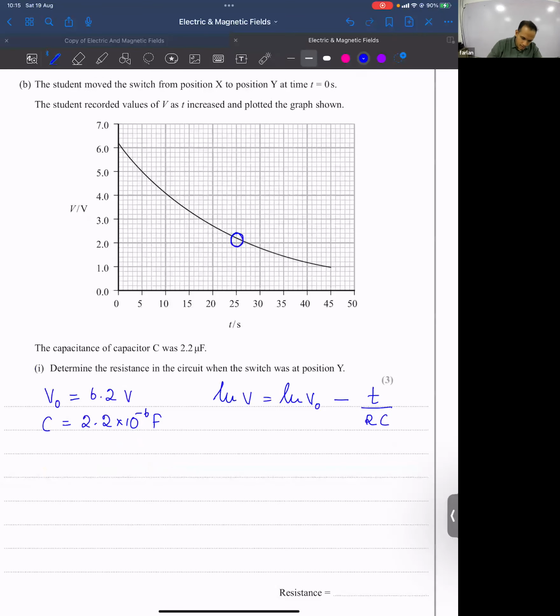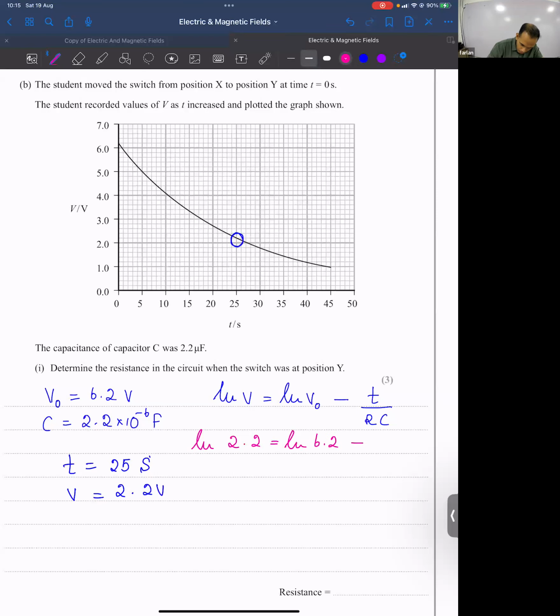So when T is 25 seconds, V is 2.2 volts. Put that data into this equation, we are going to get the answer. ln 2.2 equals ln 6.2 minus 25 over RC.